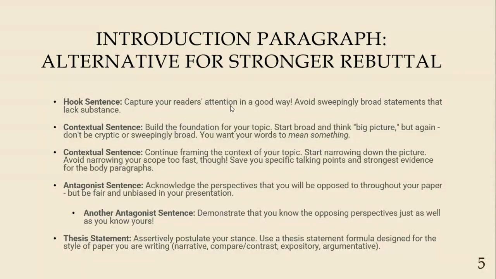When you mention opposing arguments, you're pulling that rubber band back and you add another sentence so you get a little bit more tension on it before you release that band and you assertively postulate your thesis statement. And with the thesis statement that I've given you in the previous lecture, it has that built-in rebuttal component. So you could think of that very much as a slingshot to get your argument going.